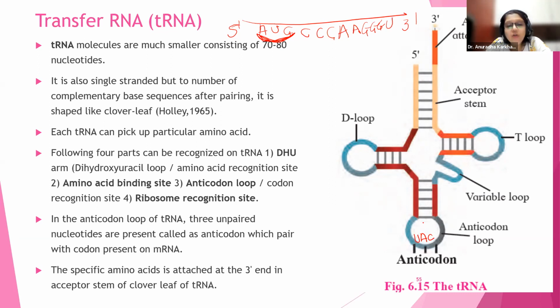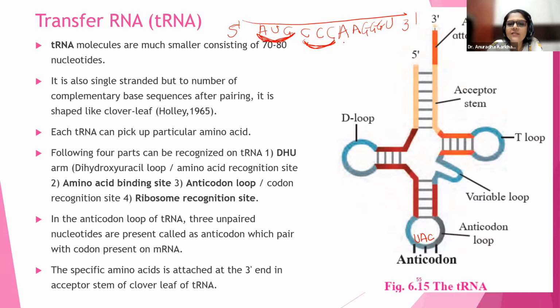So whatever the sequence on the codon, the anticodon has the complementary sequence. Understood? If it is C on the codon, tell me what sequence will be on the anticodon. Come on, tell me. If the codon is C, of course the anticodon will be G. Correct?